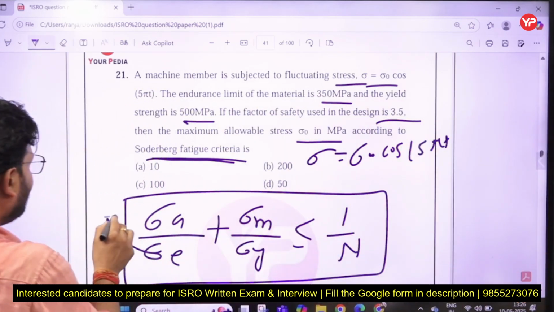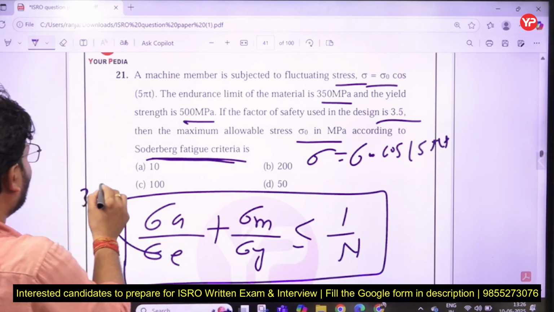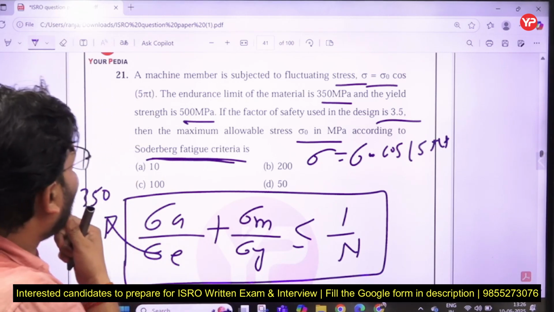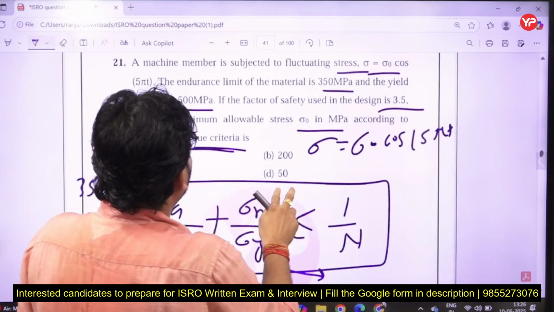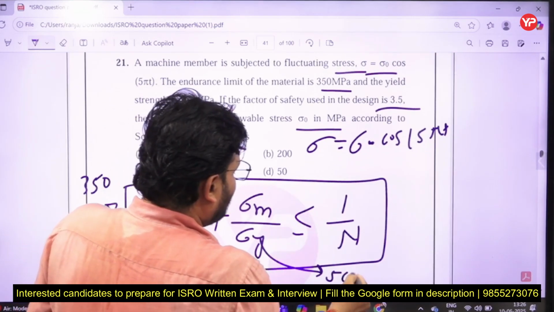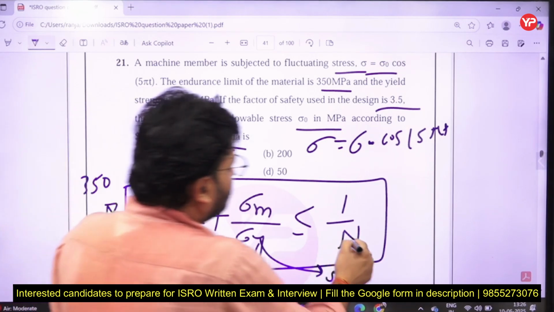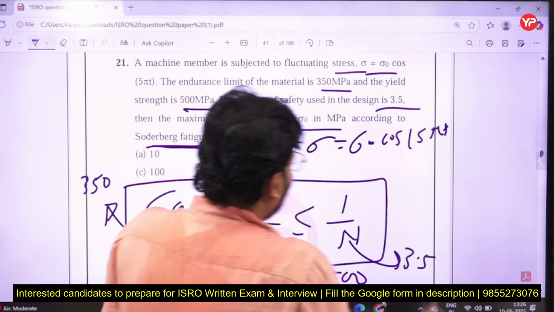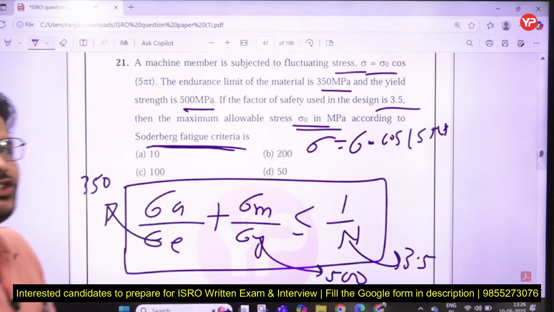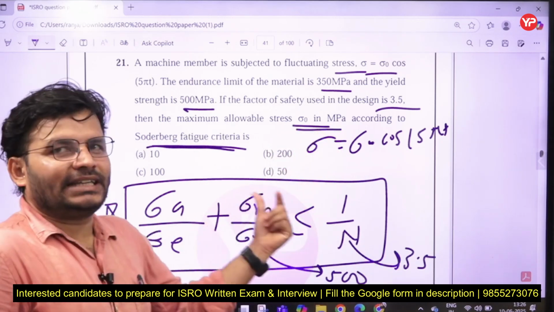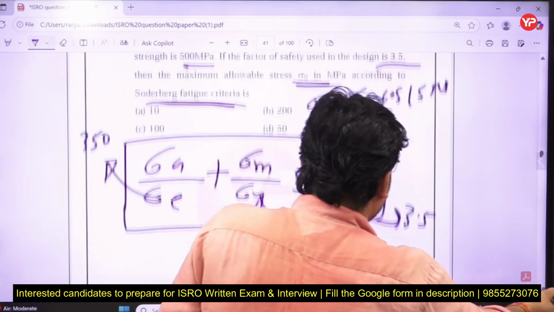The yield strength is given as 500, so sigma y is also known. The factor of safety n is also known, 3.5. I have to calculate sigma naught. How? Before that, first of all, you have to calculate sigma A and sigma m. Sigma A is called amplitude stress.